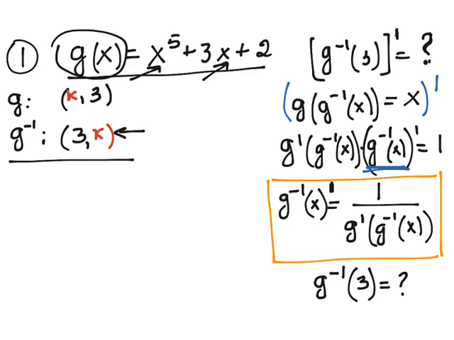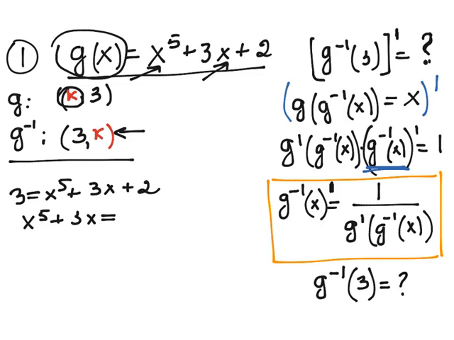So here's my first step. I'm going to replace g of x with 3. 3 equals x to the 5th plus 3x plus 2. Now I'm going to solve it for x. So in other words, I'm looking for this k, right? Plus 3x equals, the 3 minus 2 is a 1.